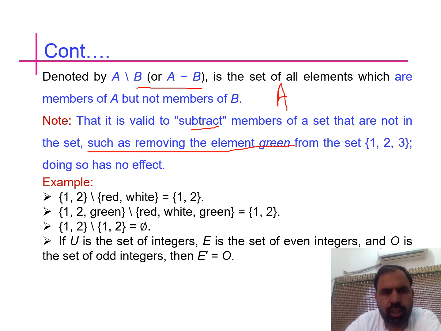So if we subtract {red, white} from {1, 2}, it's {1, 2}.